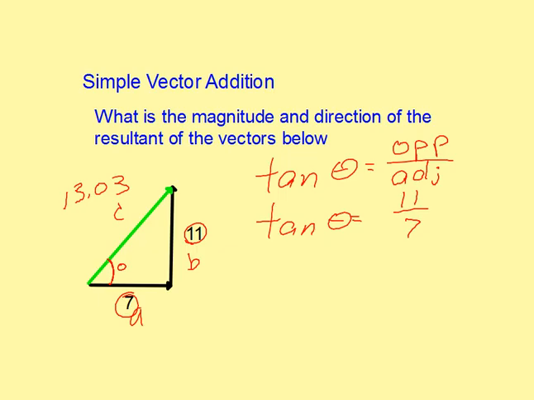So theta is equal to 57.52 degrees. Alright, that wasn't too bad, was it? Alright, let's go to the next one here.